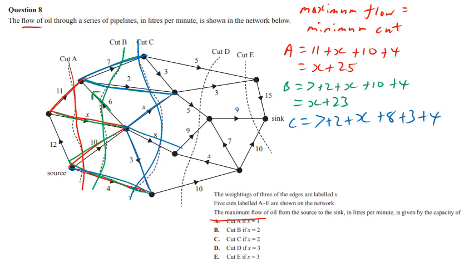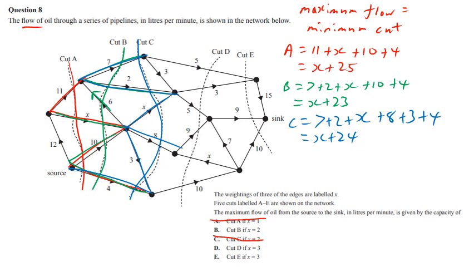No backflows there I could spot, so that's 9 plus 8 is 17 plus 3 is 20 plus 4 equals X plus 24. Again, that means C is always going to be more than B, no matter what you do with X. So we can actually rule out this one, so it can't be cut C.